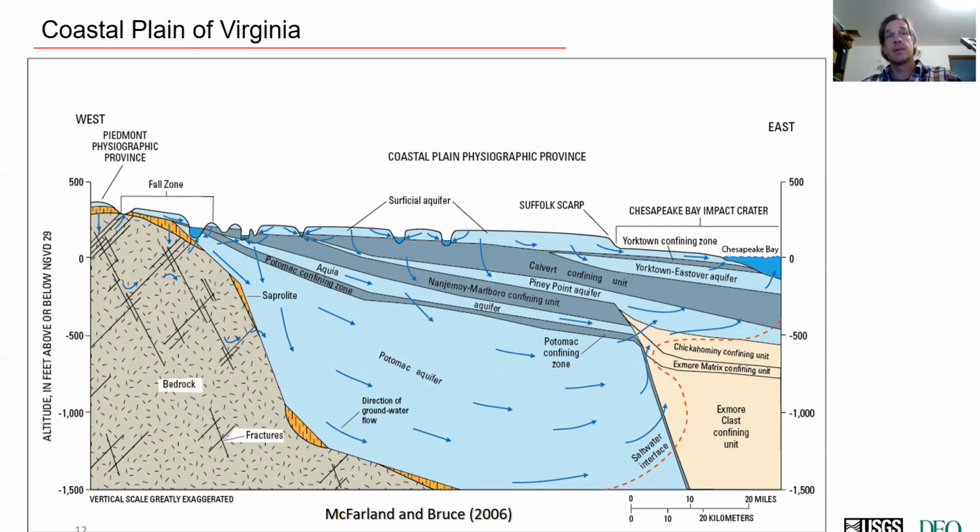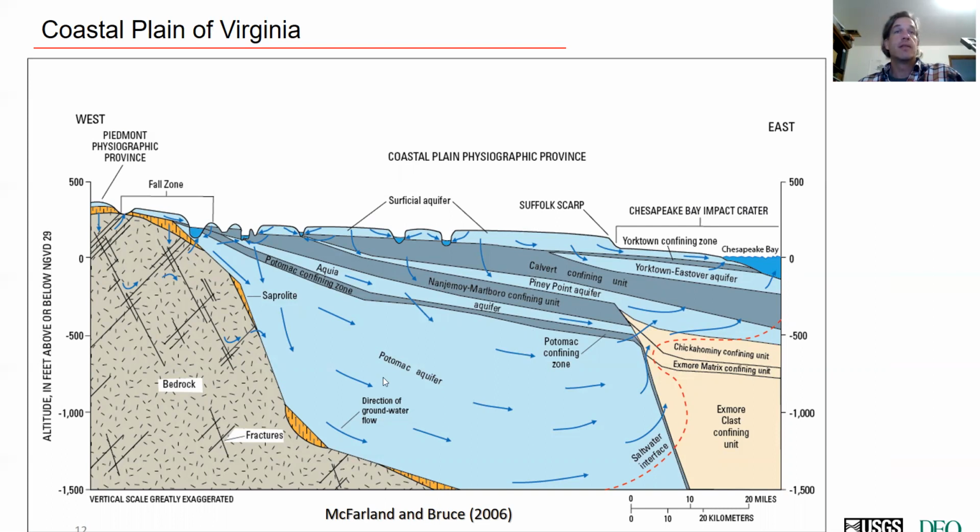So we're not talking about a little feature here. It instantly ejected all these sediments and they washed back in and got all jumbled up. And because they got all jumbled up, water can't pass through this feature very well at all. So this whole impact crater acts as a plug on the aquifer system.